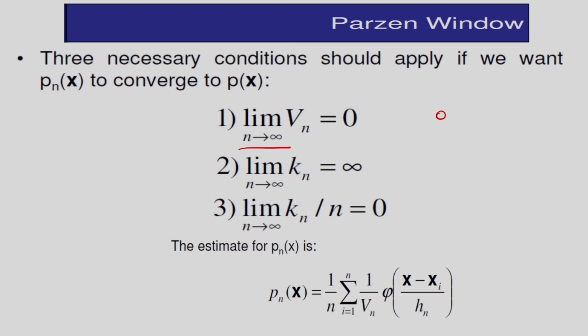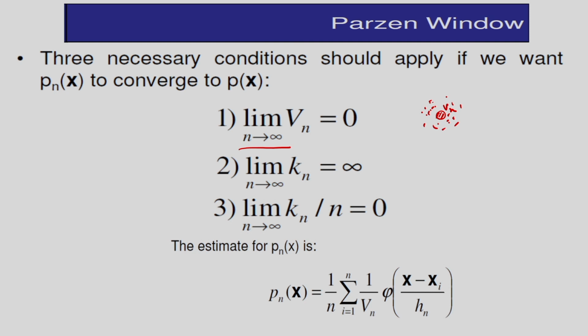Then you may expect some samples within this particular volume Vn. The volume Vn may be very small because we are considering a very large number of samples. So, you may expect some of the samples within this very small volume Vn. So, this is the first condition: the limit as n tends to infinity of Vn is equal to 0.